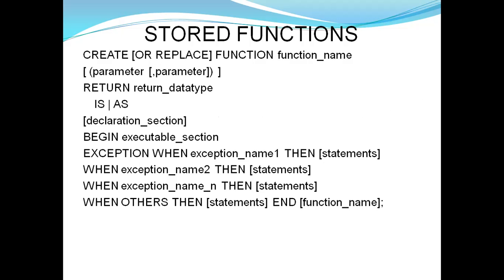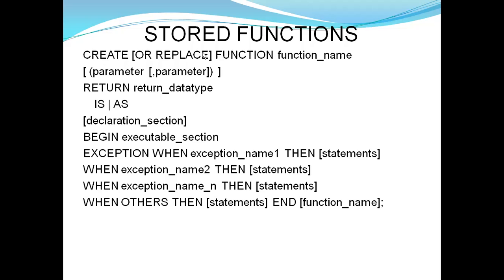Now, how to write a function? In the same way we have written the procedure, we have to write a function, with only a little difference. Let's pay attention here. Create function, function name. Can I say till here it was the same as a procedure? We wrote create procedure, procedure name; here we write create function, function name.